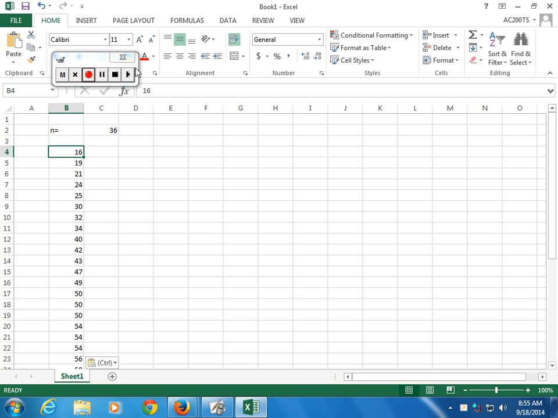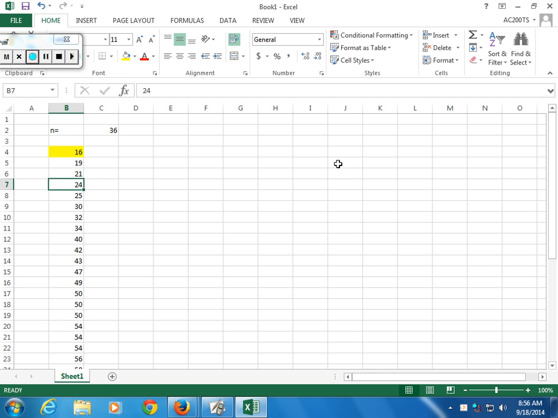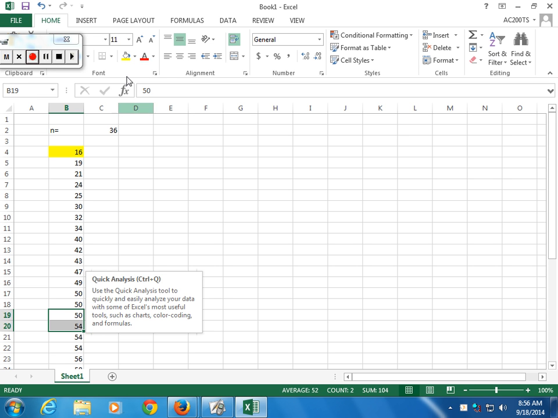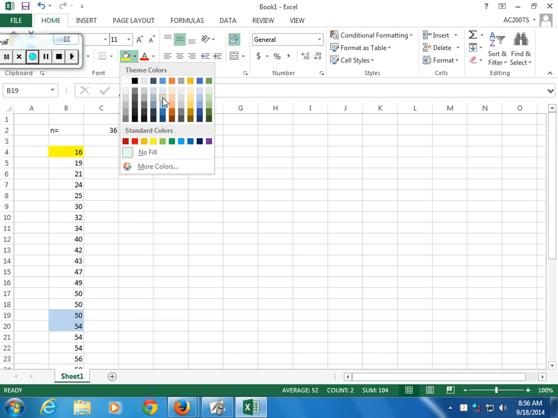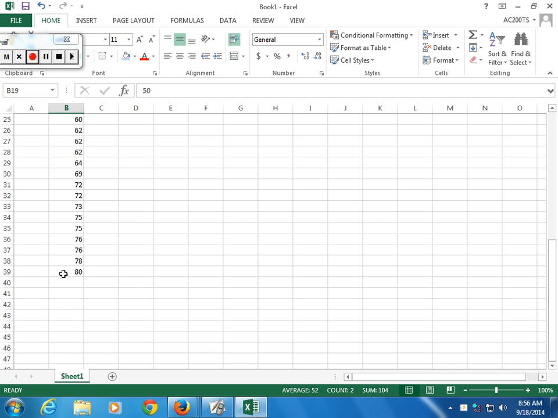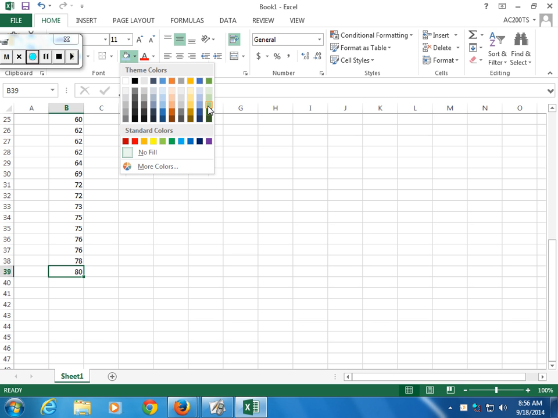I'll go ahead and mark this one yellow. 36, half of 36 is 18. So half of that would be 8. So then I'll pick 9 and 10. 1, 2, 3, 4, 5, 6, 7, 8, 9, 10, 11, 12, 13, 14, 15, 16. And then these two right here.